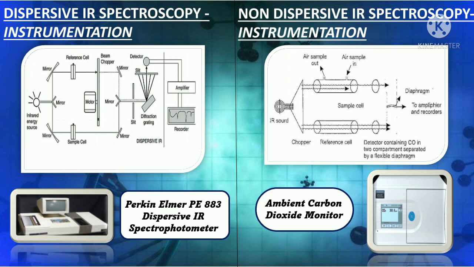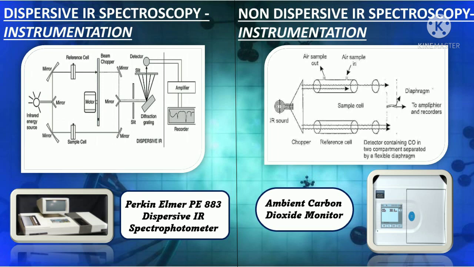If you notice the diagram carefully, you will see that the relative amounts of IR radiation absorbed by carbon monoxide in the two sections of the detector are determined by the CO level in the sample. Due to the difference in the amount of IR radiation absorbed in the two compartments, it ultimately gives rise to a temperature difference, so that the diaphragm movement, even to a slight extent, can be measured with an accuracy of 5%. So this was all about dispersive and non-dispersive spectrophotometers.